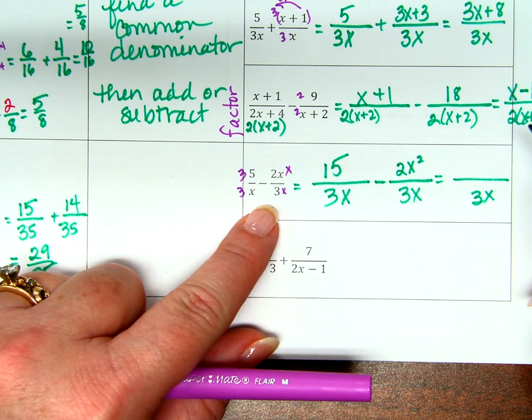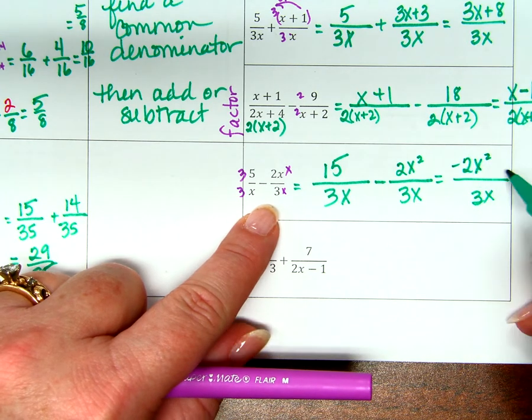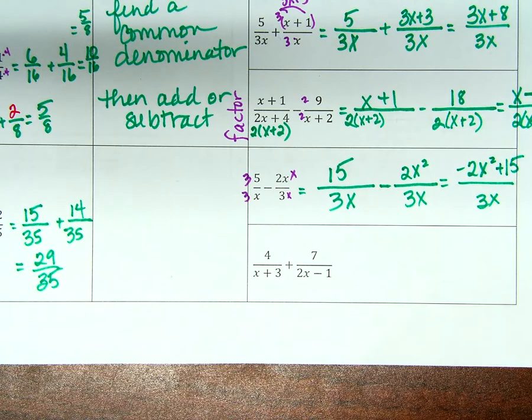Careful. Why is it negative 2x squared? Because I'm subtracting. Yeah, exactly. Now, would it be okay to write 15 minus 2x squared? Would it be okay to write 2x squared minus 15? No. You have to be careful. Okay?